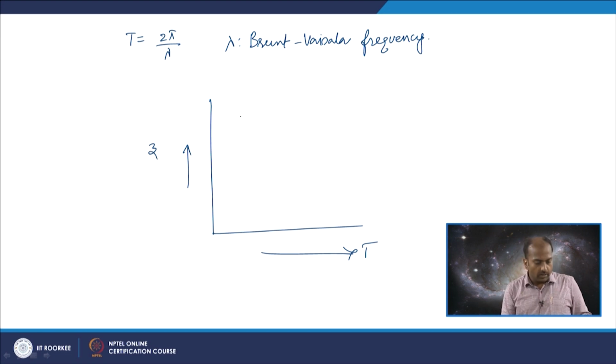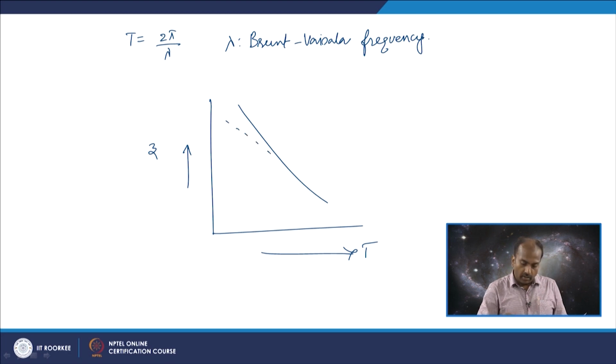Here, the solid line is the lapse rate for the environment, and the dashed line is for the parcel. So, it is gamma v prime and this is gamma v.